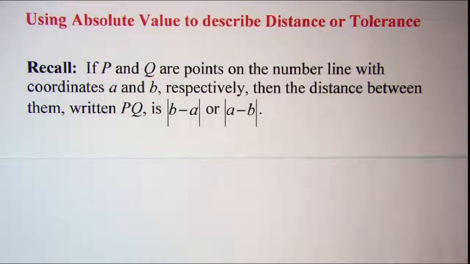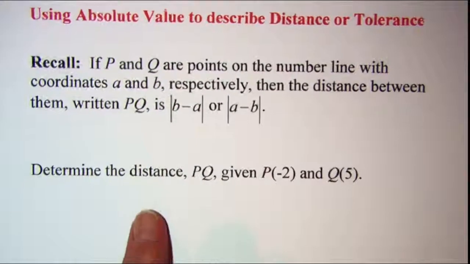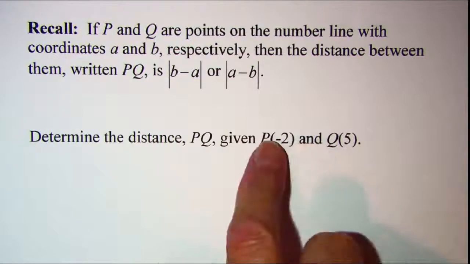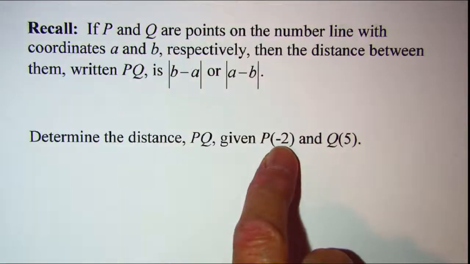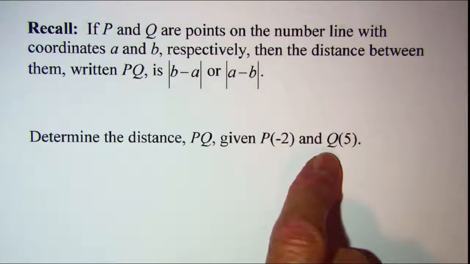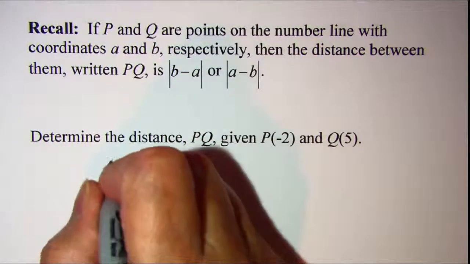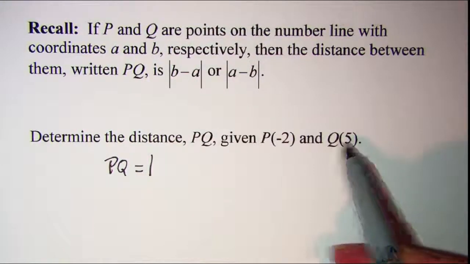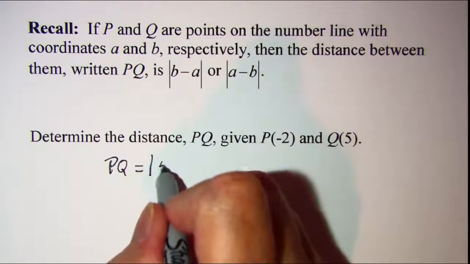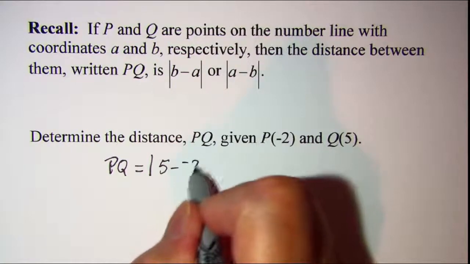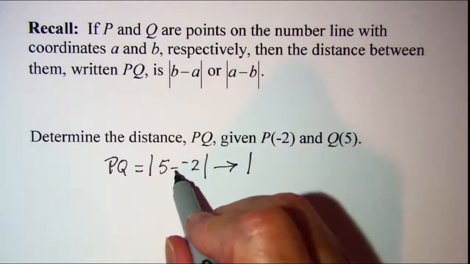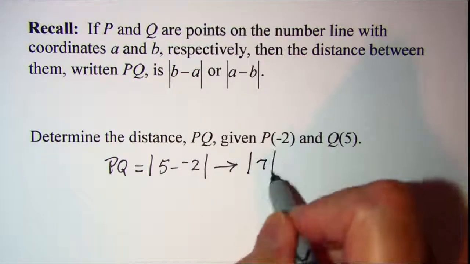left to right. So if we were asked to determine the distance PQ between the points P, which has coordinate -2, and Q, which has coordinate 5, I know then that PQ is the absolute value of 5 subtract -2. So that is absolute value 5 plus 2, which is 7.